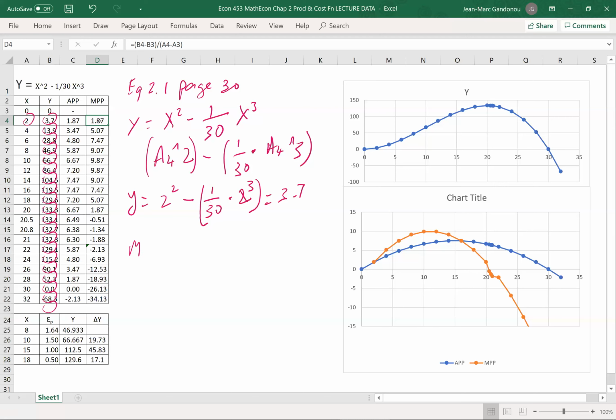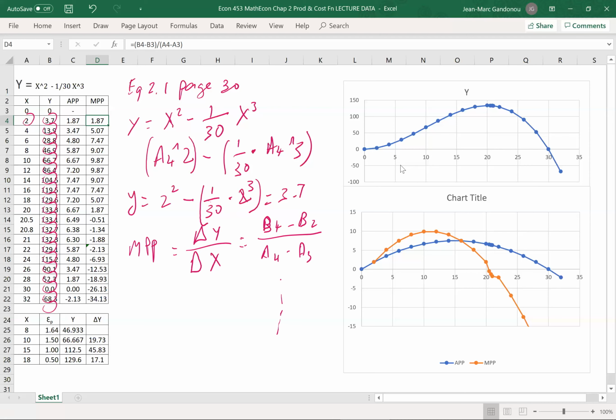So marginal physical product equals change in Y divided by change in X. And so with Excel here is going to be, let's say, B4 minus B3 in my example, divided by A4 minus A3, and just keep on doing that. And so that's what we got here, okay?